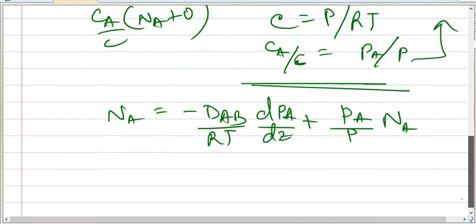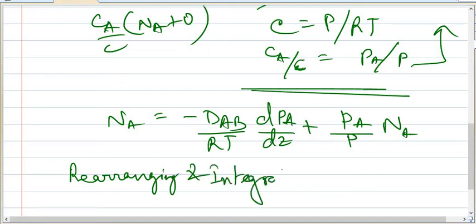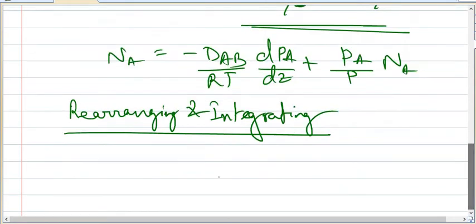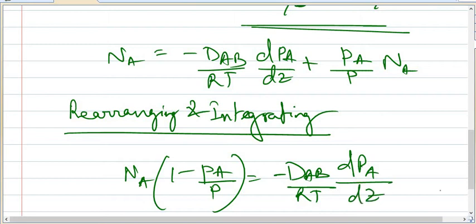Now on rearranging and integrating, we find that NA times (1 minus PA by P) is equal to minus DAB by RT dPA by dZ.